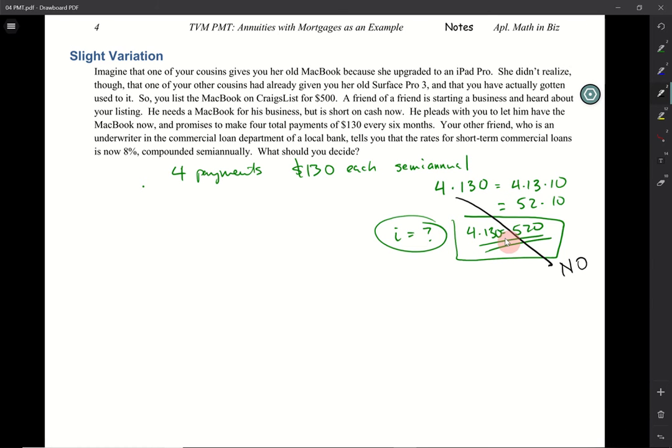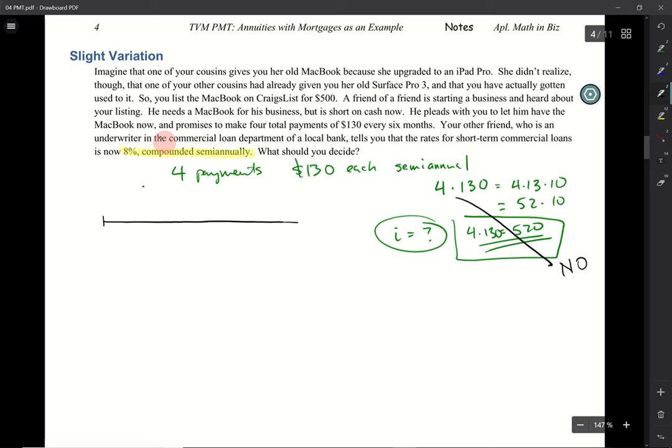So here, the interest rate is a little bit different: 8% compounded semi-annually. So that's our interest rate. Sometimes in the beginning, it's useful to draw out the cash flow diagram.